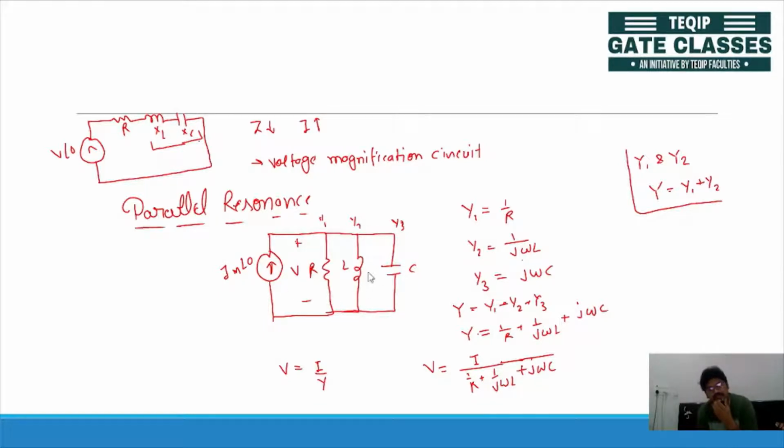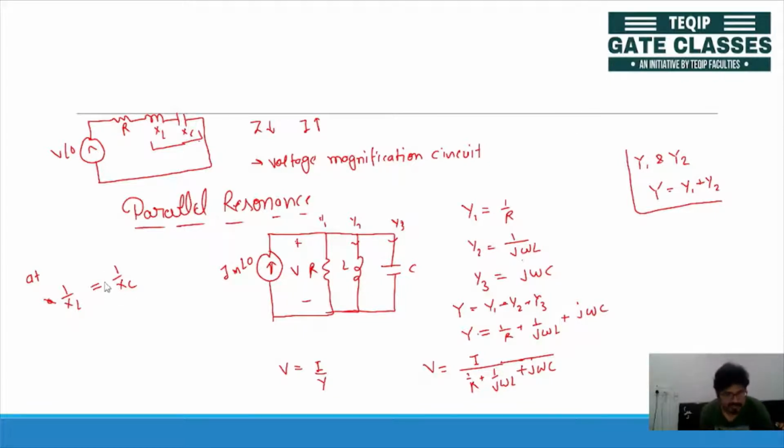The Y2 branch and YC branch combined will act like an open circuit, because if the admittance of this combination is 0, it means the impedance is infinite, and infinite impedance means it will act like an open circuit. So at resonance, 1 upon XL will be equal to 1 upon XC. The admittances will be equal.